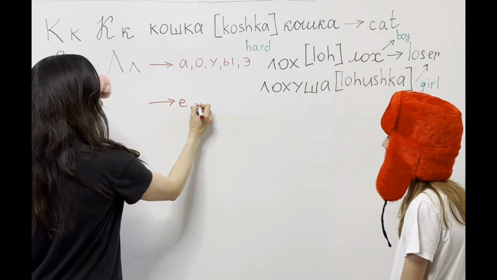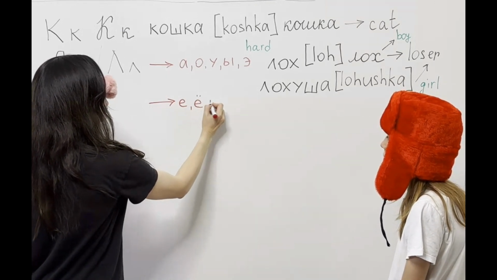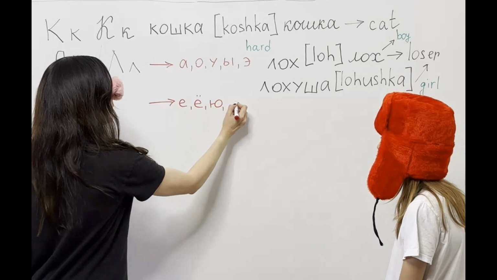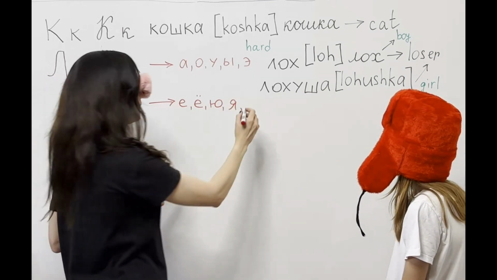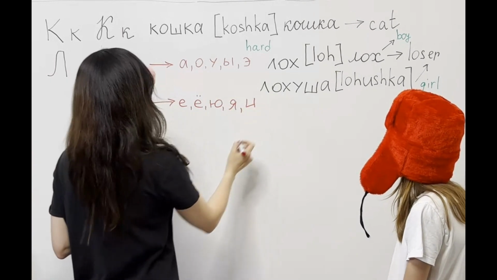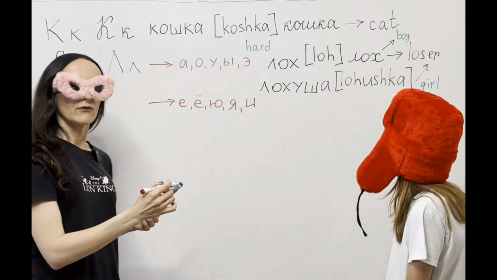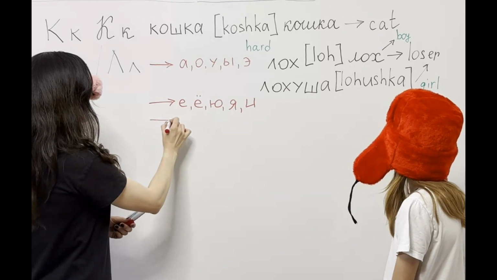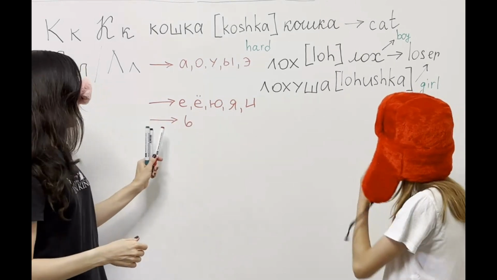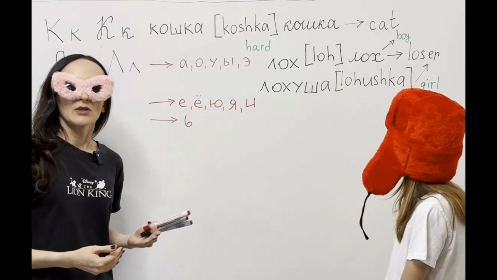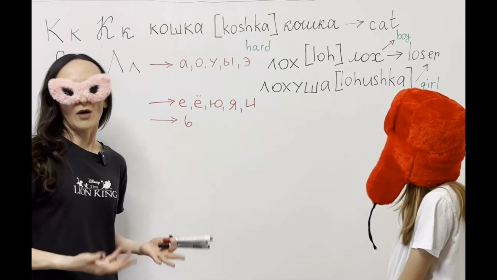Ye, yo, you, ya, and I. And it is also soft before this letter, мягкий знак, because this letter makes the previous sounds soft.